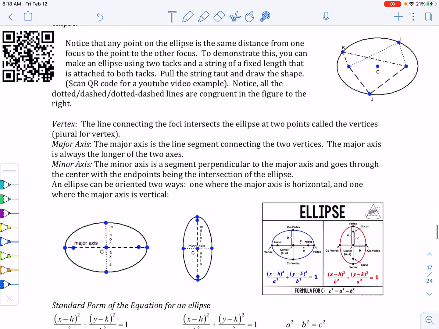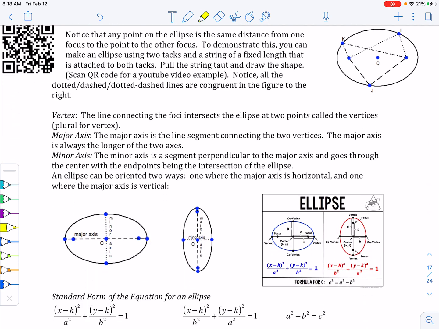We've got a few vocabulary words that we need. We have a vertex. The line connecting the foci intersects the ellipse at two points called the vertices. Here are the foci, then these two would be a vertex and a vertex.